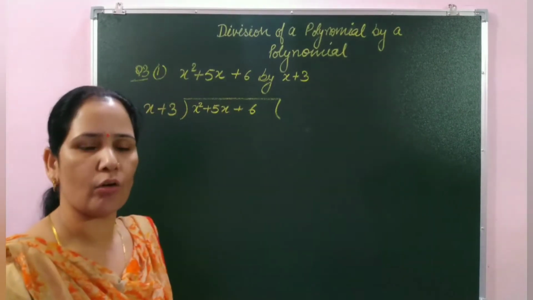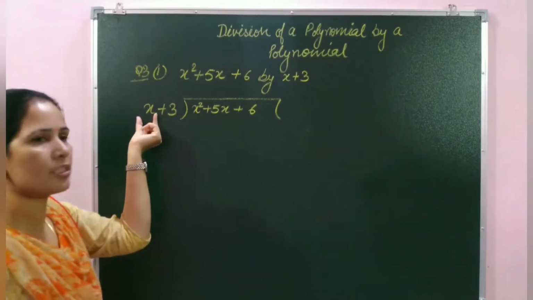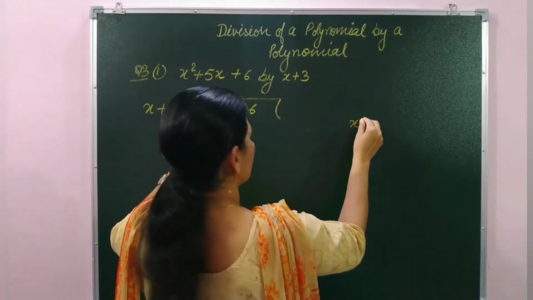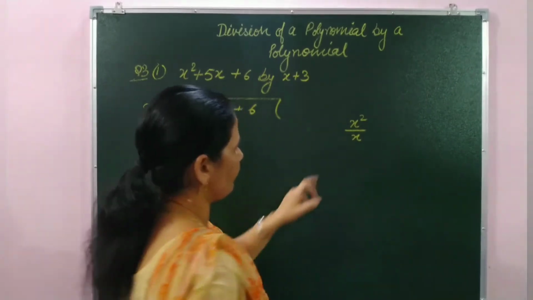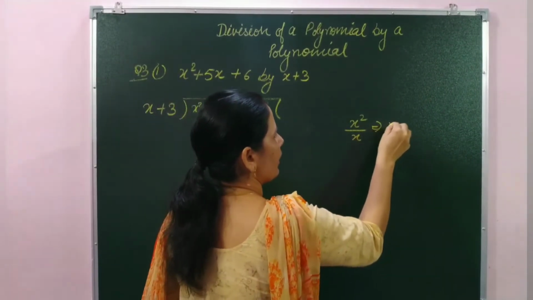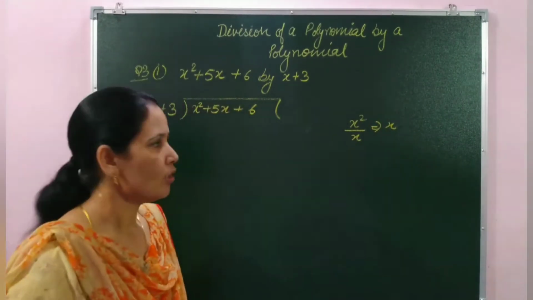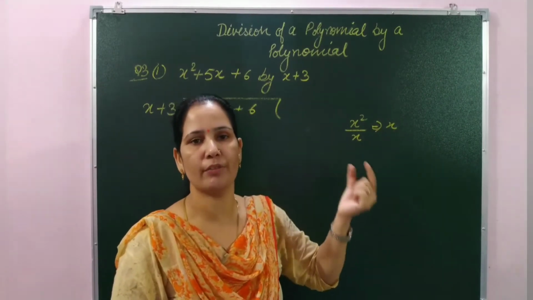Okay students, now the first step: observe the first term of the dividend and the first term of the divisor. When we divide these, we get the answer x. How? x square by x, 2 minus 1, 1. So whatever result we get from here is our quotient.